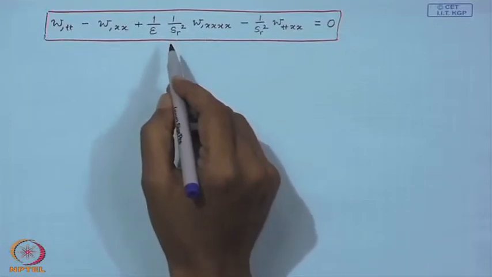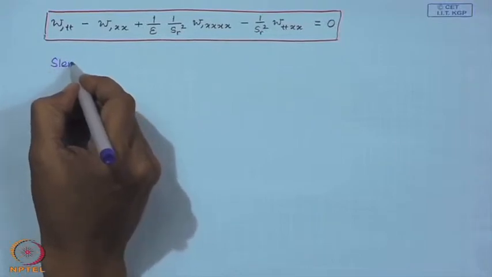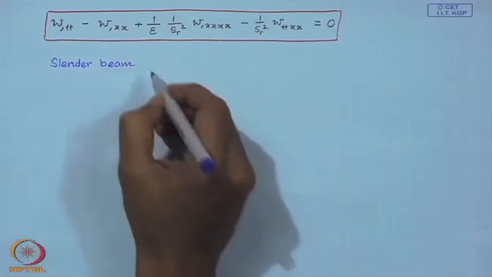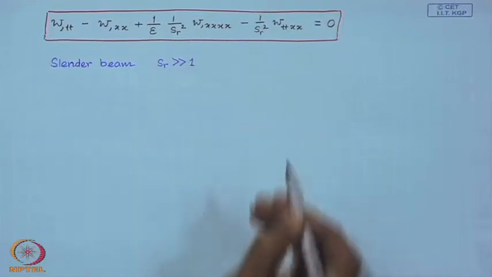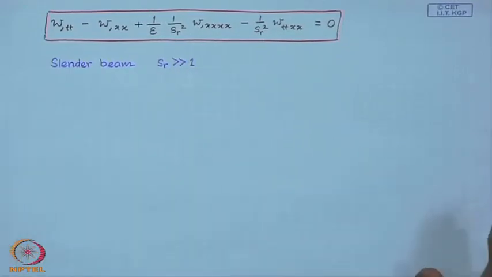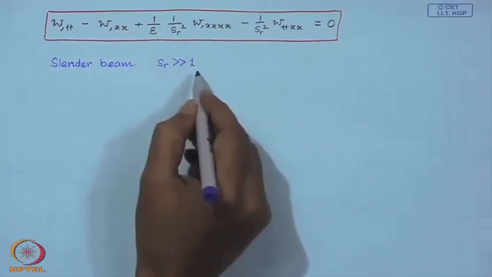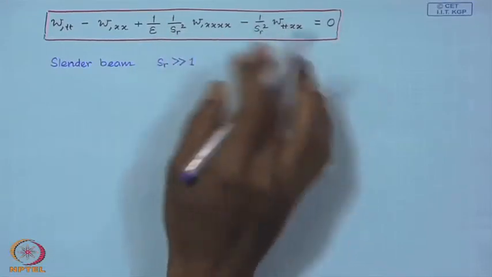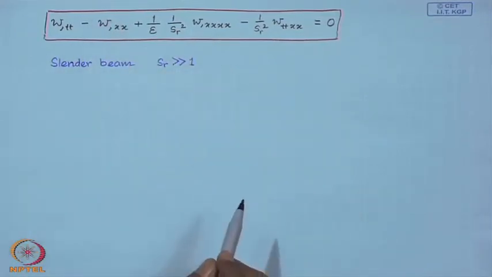So, if the beam is very slender, then the slenderness ratio is very large, because its length is much larger than the area property. So, when the beam is very slender, then this is very large, and therefore, these terms can be dropped in comparison to this term.